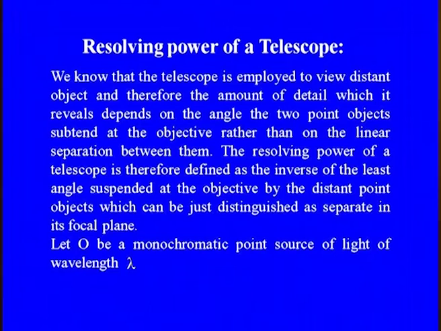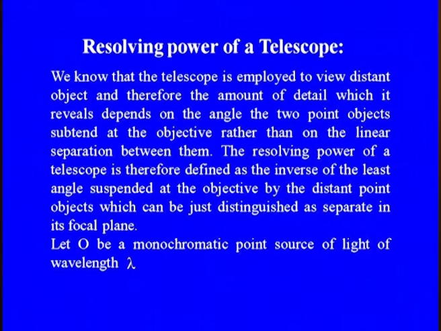Now, let us discuss the resolving power of a telescope. We know that the telescope is employed to view distant objects, and therefore, the amount of detail which it reveals depends on the angle the two point objects subtend at the objective rather than on the linear separation between them.